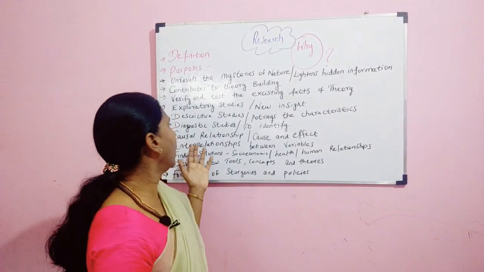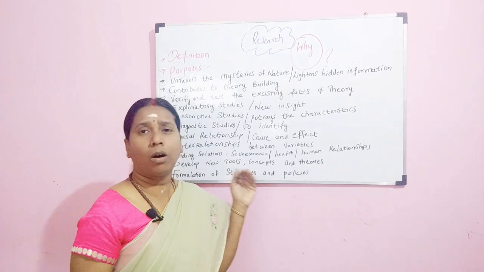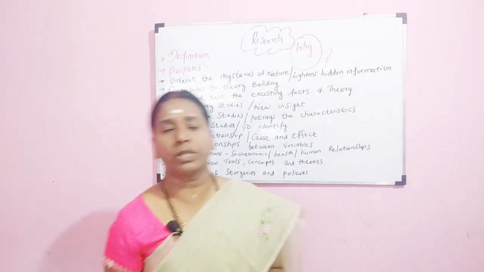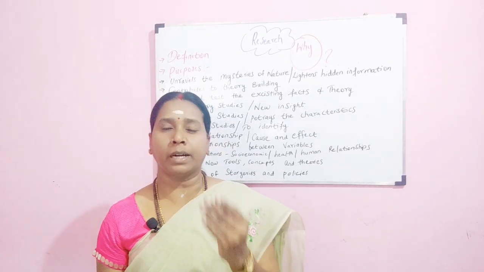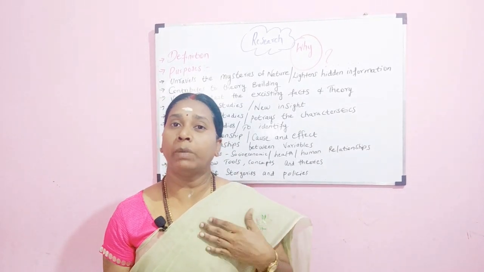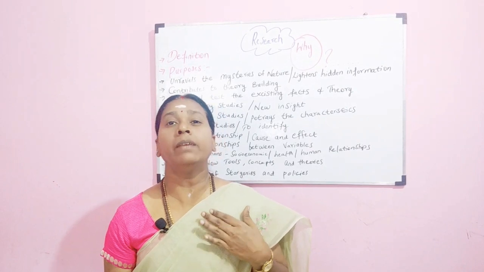Then we have the causal relationship, or cause and effect type of studies. You do something, you get something. My PG study was on the use of cabbage leaves to relieve breast engorgement.